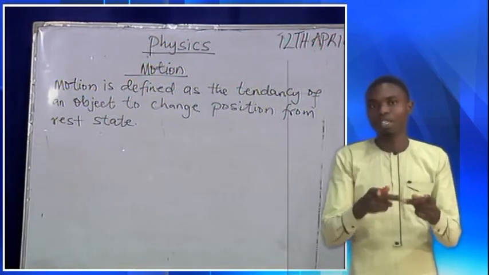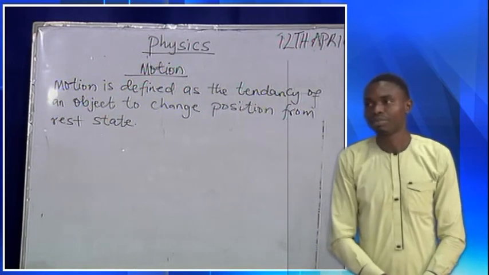Motion is defined as the tendency of an object to change position from rest state.